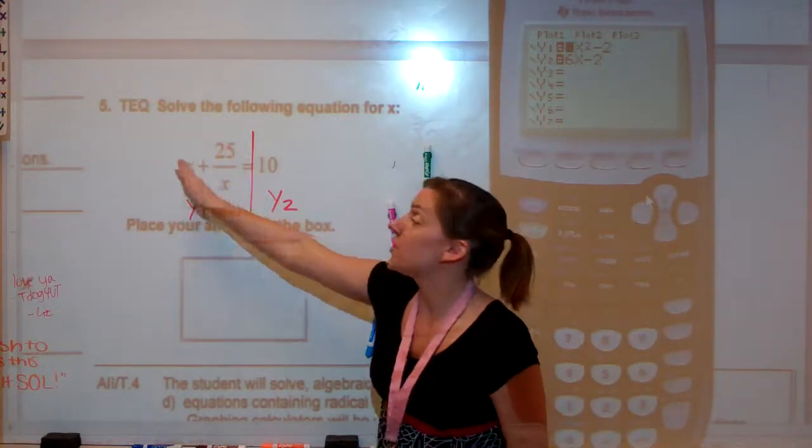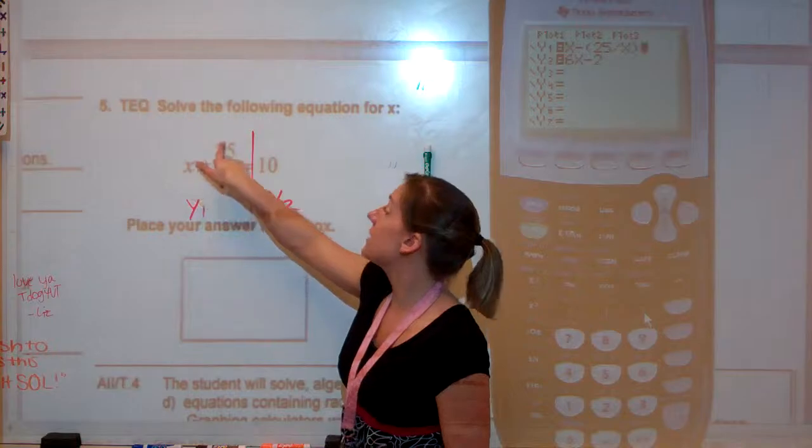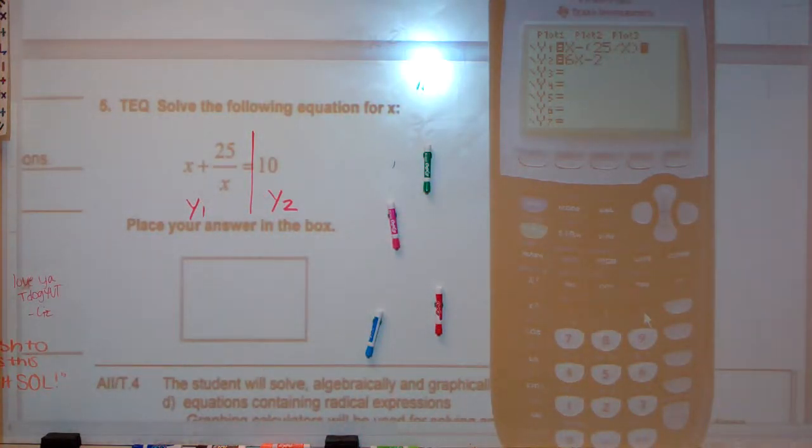So if you want, you can put that in. If I clear this out, that's x plus, and we can put parentheses around this fraction, 25 divided by x. And then the other one is just equal to 10.